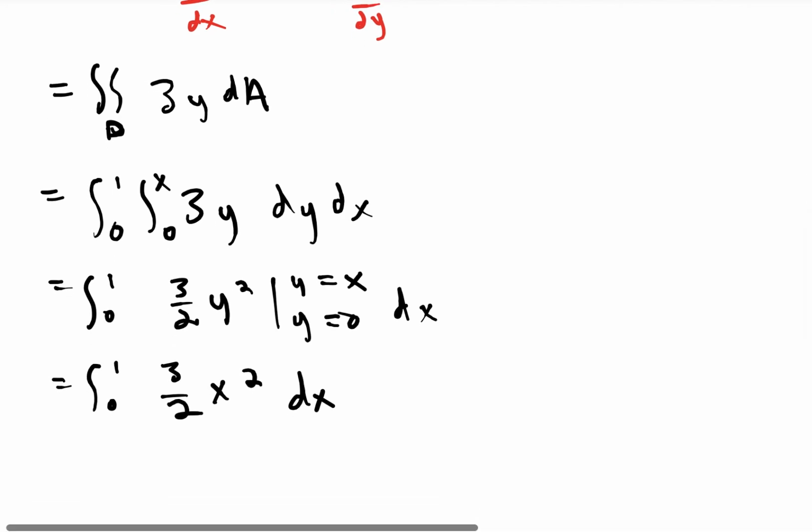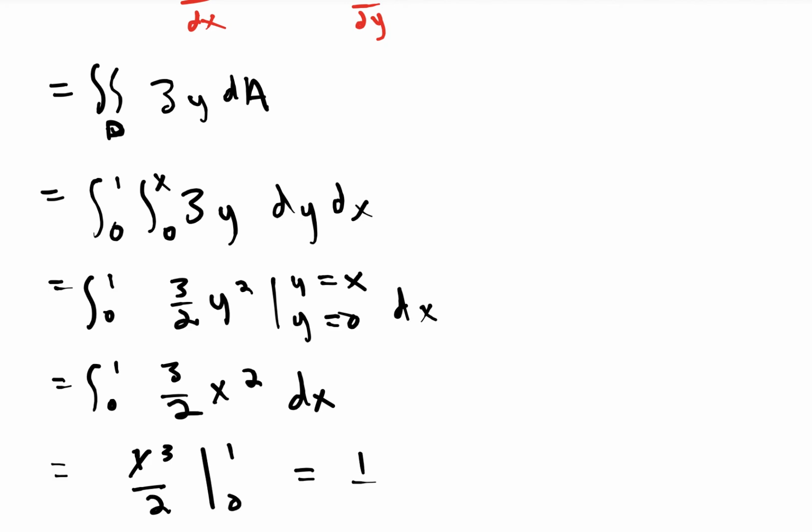And now I can go ahead and antiderive with respect to x to close. So this will basically be 3/2 x cubed over 3, or the 3's cancel, you get x cubed over 2, evaluated between 0 and 1. Well, we're going to get a half back.